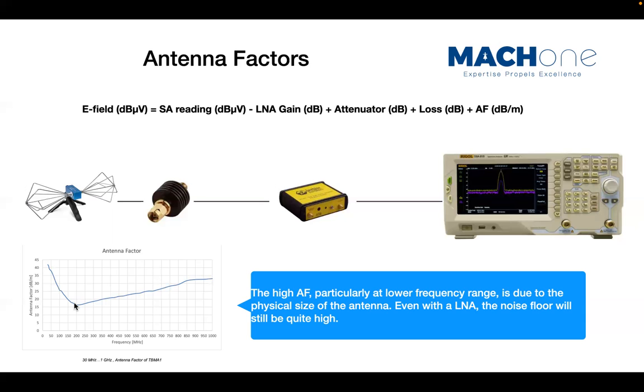Sometimes it is even higher than the limit line you are testing against. This is really nothing to do with the manufacture of the antenna. This is the limitation of the physics, since the wavelength and frequency have this fixed relationship. So that's the drawback of using smaller antennas.